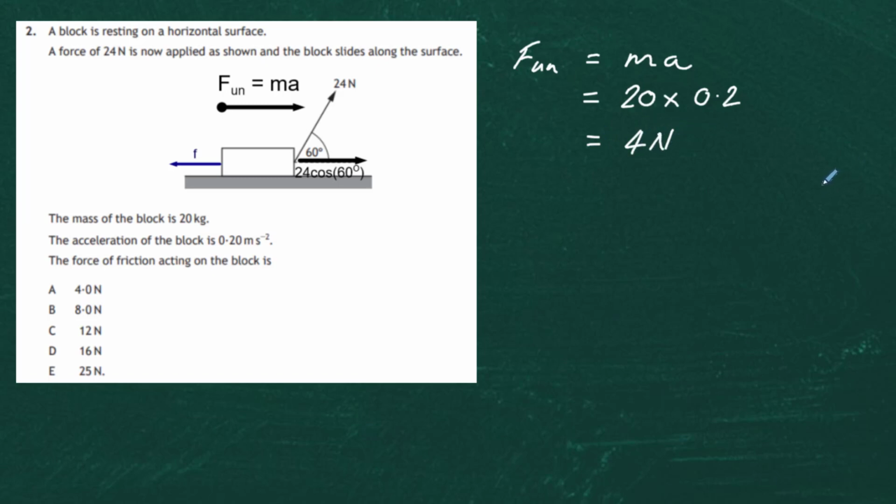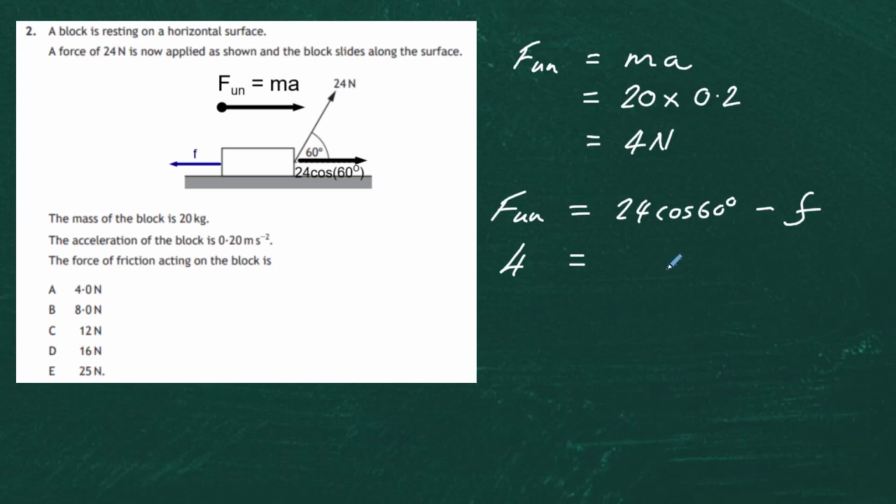Now what we've got to do is just sum all the forces. We know that the unbalanced force, F unbalanced, has got to equal the forward forces, which are going to be 24 cos of 60 degrees, and subtract the force in the opposite direction, which is going to be the frictional force. So we already know that the unbalanced force is 4, we'll just leave out the units. 24 cos 60, a good hint is always get to know what cos 60 is.